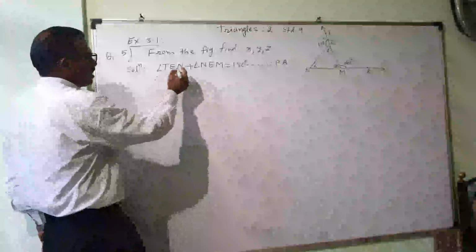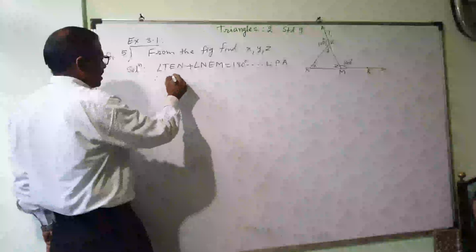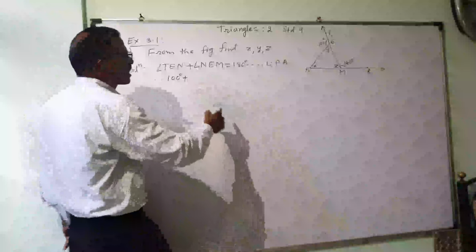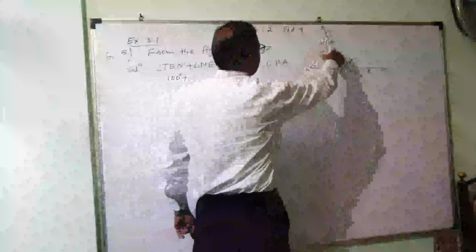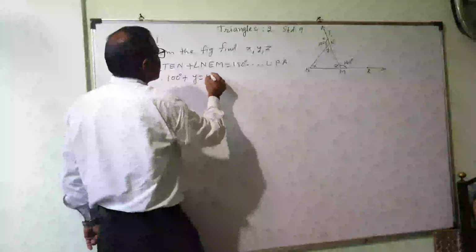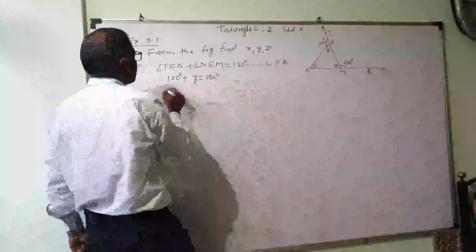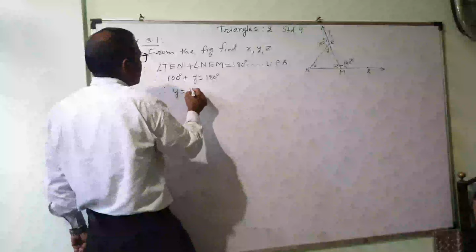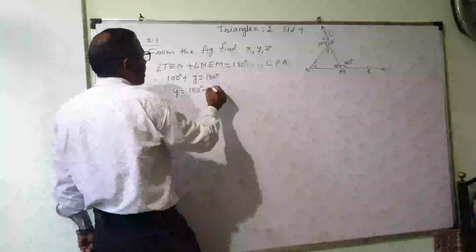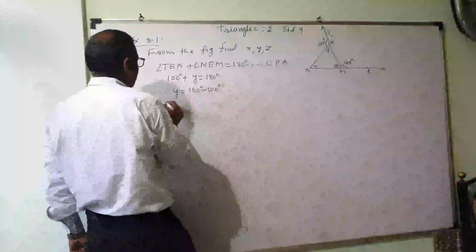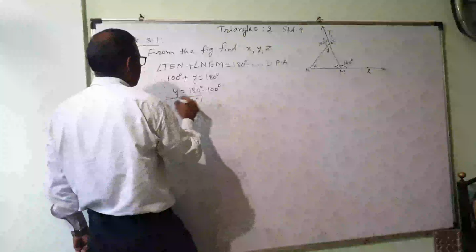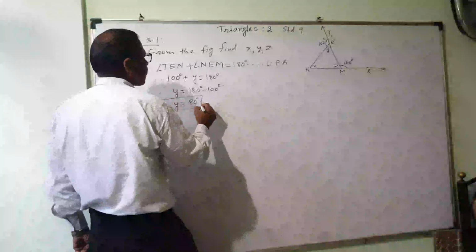Therefore, TEN is 100 plus NEM is y is equal to 180 degree. Therefore, y is equal to 180 degree minus 100, and therefore y is equal to 80 degree. This one part is over.